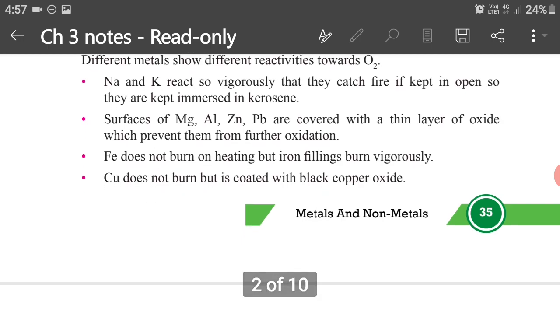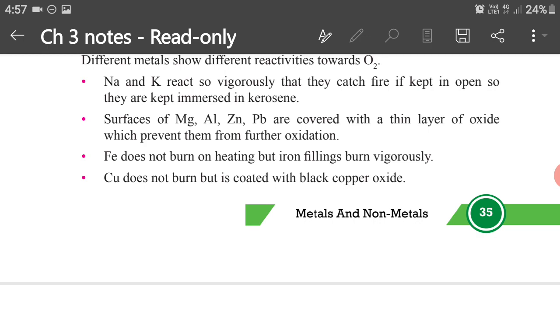Surfaces of magnesium, aluminium, zinc, lead, some of these metals form a thin layer of metallic oxides which prevent them from further oxidation. Means one thin layer of magnesium oxide, aluminium oxide or zinc oxide, once they form an oxide layer over their metals, that thin layer acts as a protective layer for them.